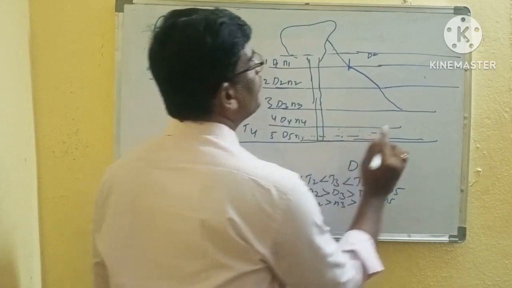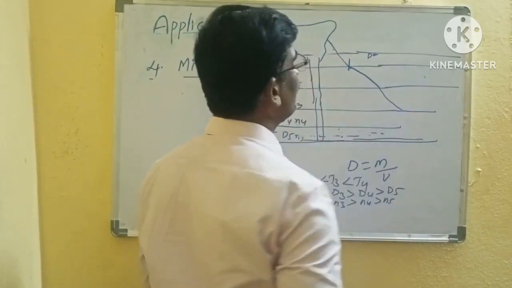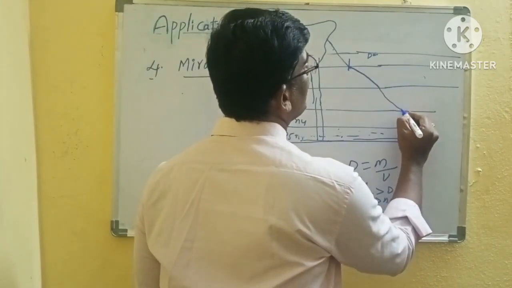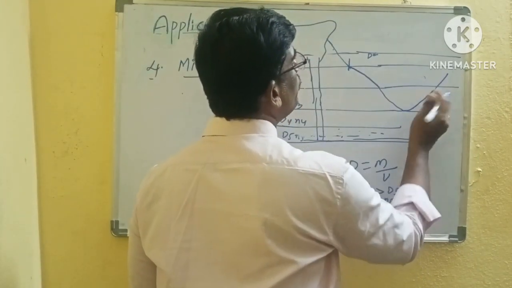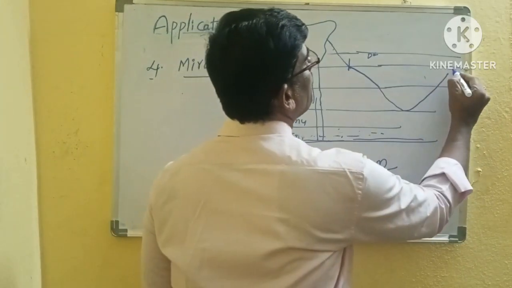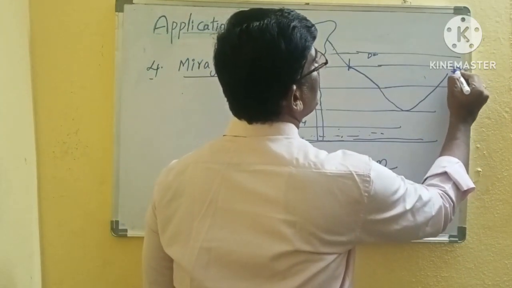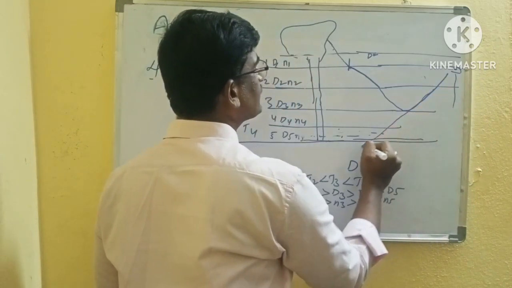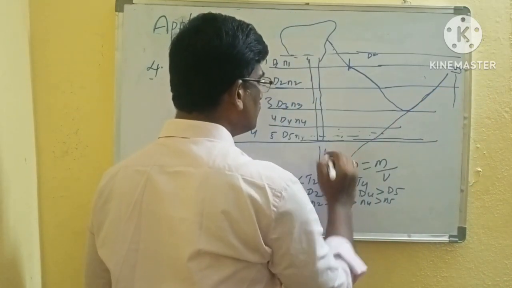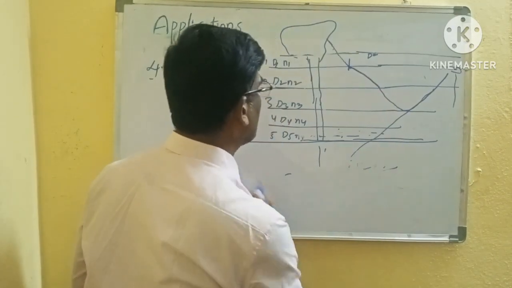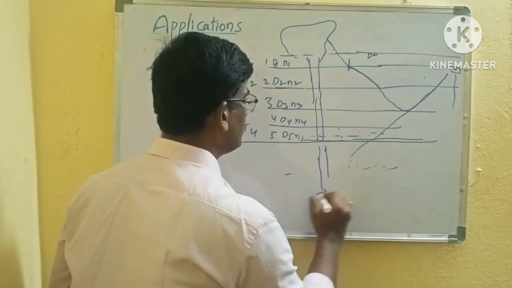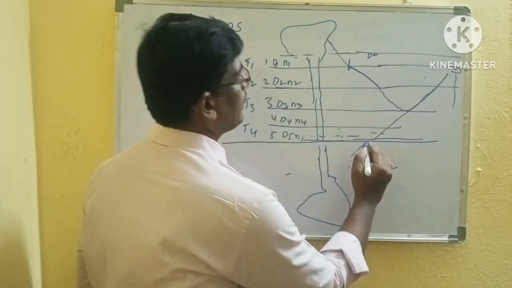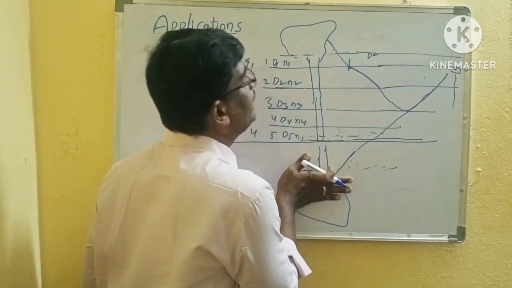After some time it will get total internal reflection. Whenever the incident angle is greater than the critical angle, it will take a curved path due to internal reflection. So for this person, the light appears to be coming from the earth.